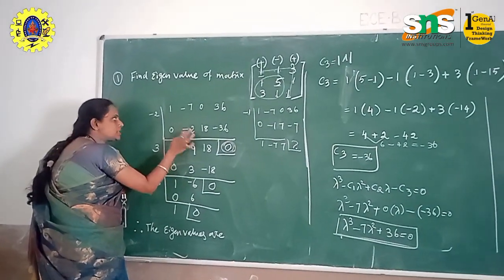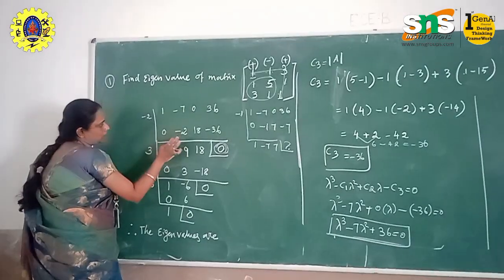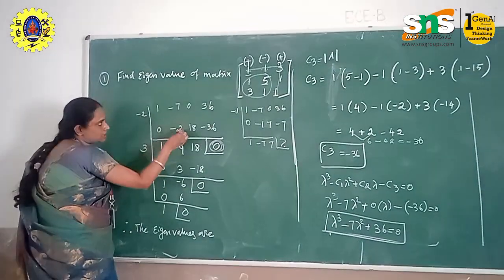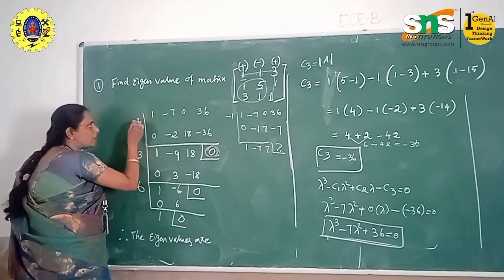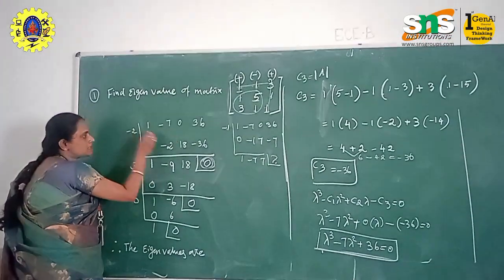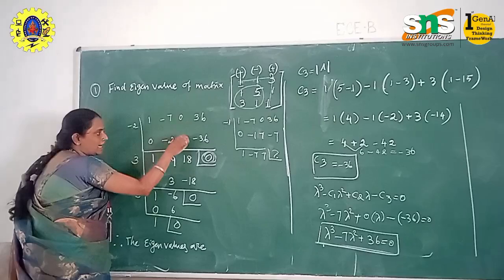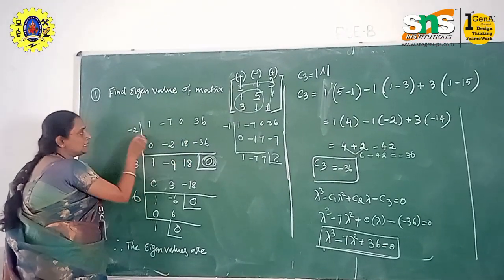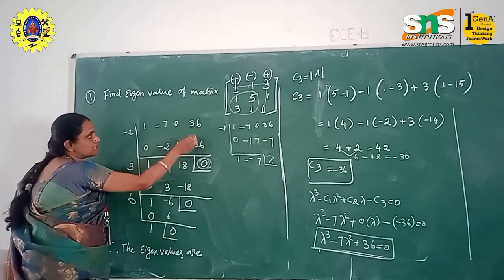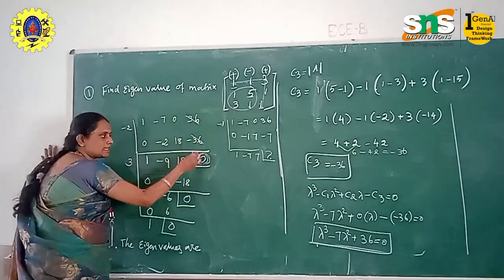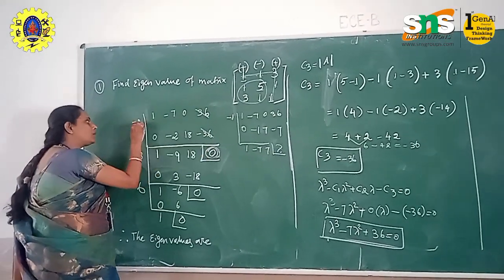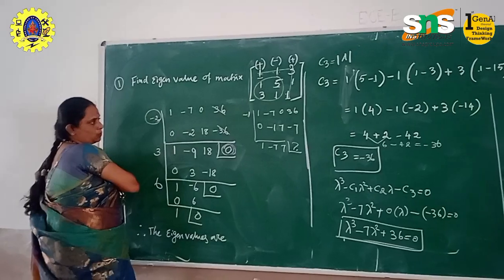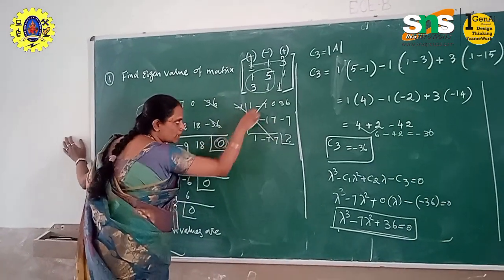Adding, minus 7 and minus 2 is minus 9. Minus 2 into minus 9 is 18. Adding this value, 18, then 18 into minus 2 is minus 36. So it cancels and the value is 0. So we have to choose minus 2; minus 1 is wrong.